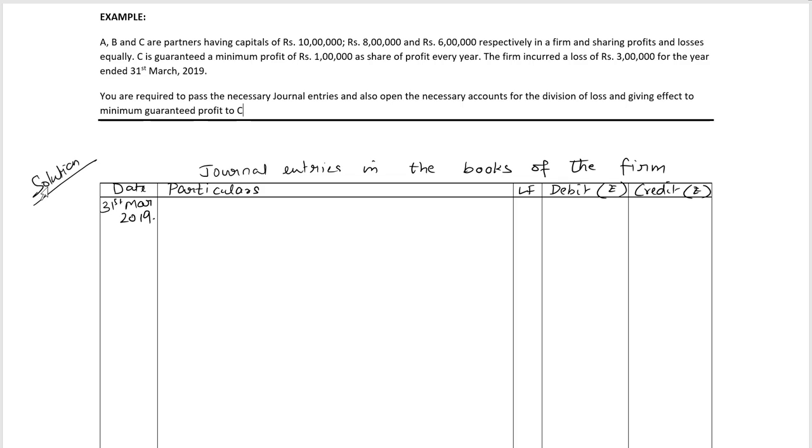The first journal entry, we need to distribute the loss of rupees 3 lakh from the profit and loss account to A, B and C in their profit sharing ratio, which is 1:1:1. So let's do that.